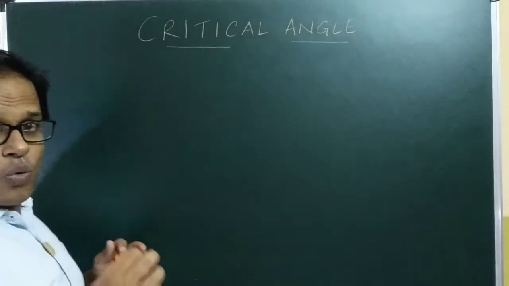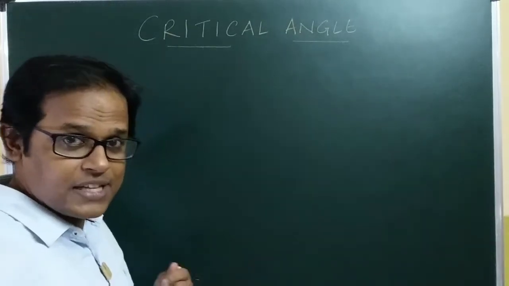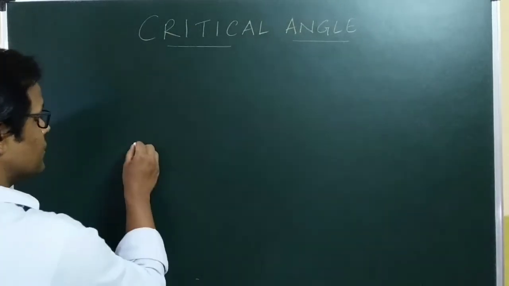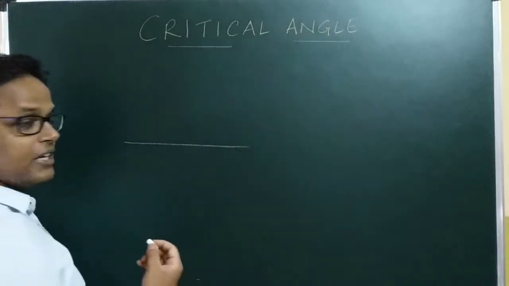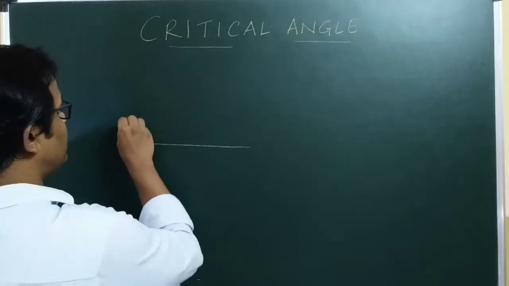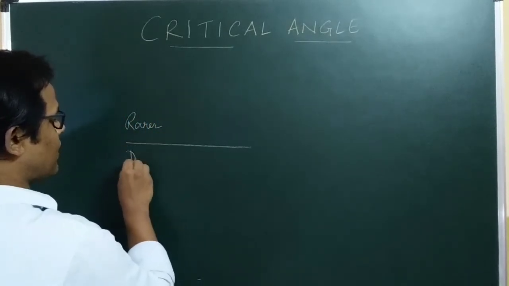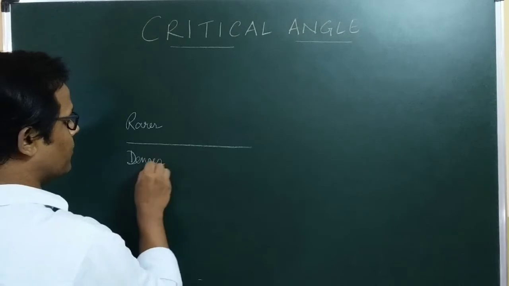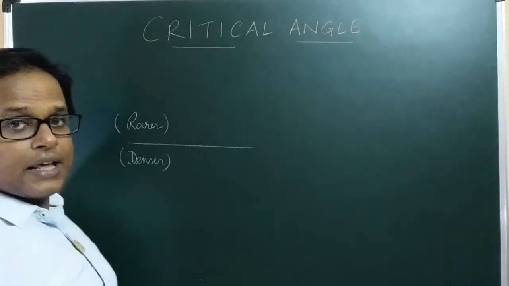So we know what is refraction of light and why light refracts. If you look at this diagrammatic representation, this is my interface, and critical angle comes into action when we deal with a ray of light propagating from an optically denser medium to an optically rarer medium.